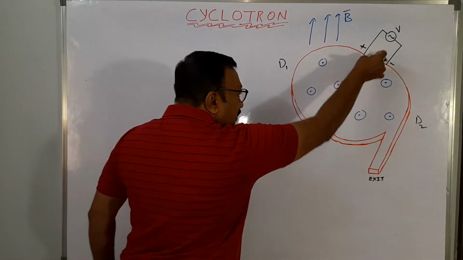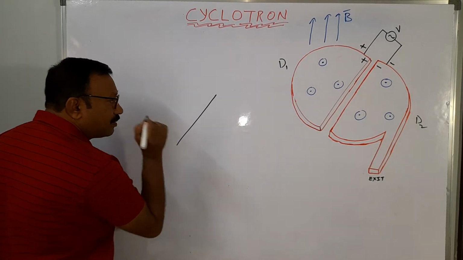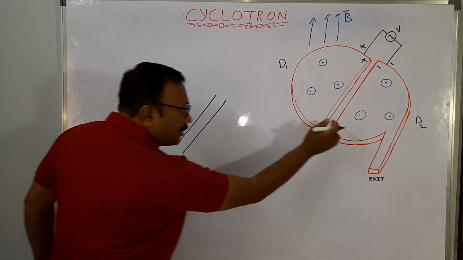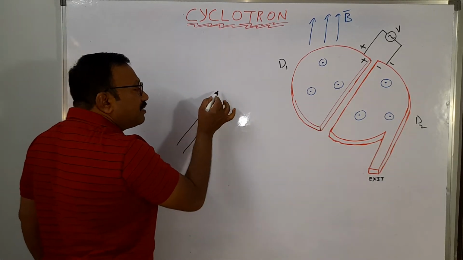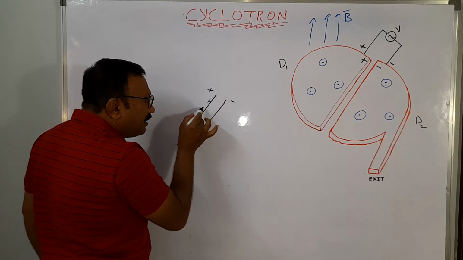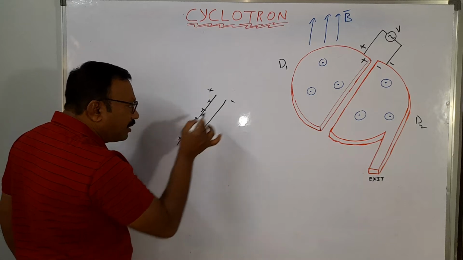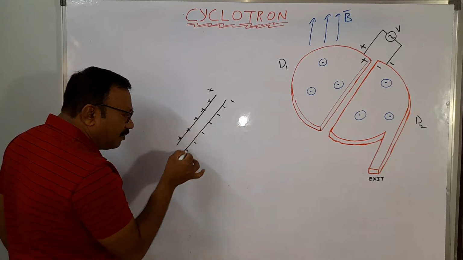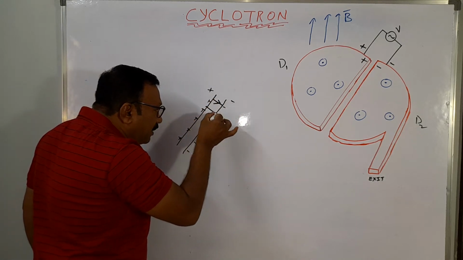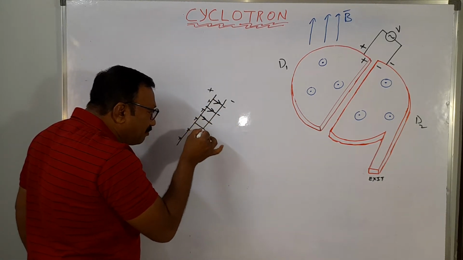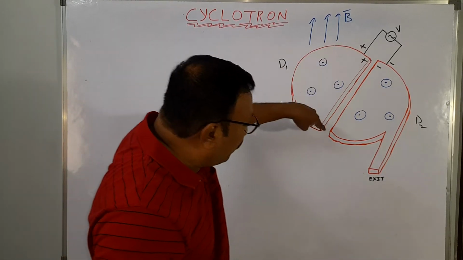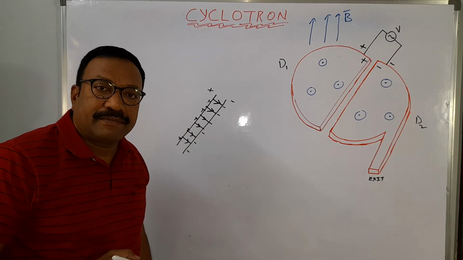Suppose this is one diameter, and this is another diameter. Let us say this is a positive potential and this is a negative potential. So there will be a strong electric field between these two diameters.